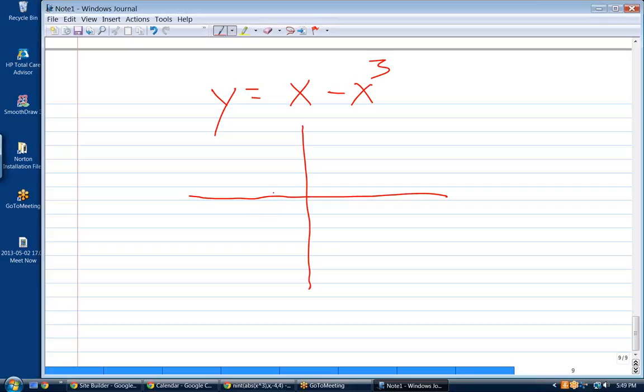This function looks a lot like the sine function, and we're going to rotate it about the y-axis. After we're done, we're going to have something that looks like that.